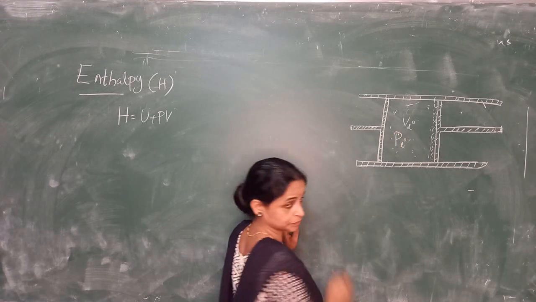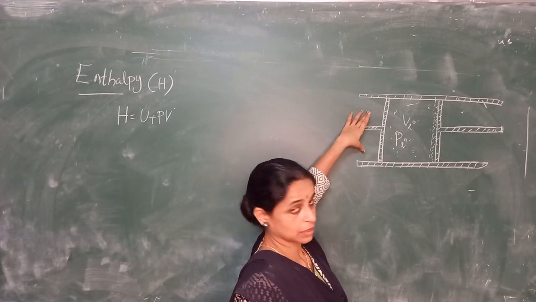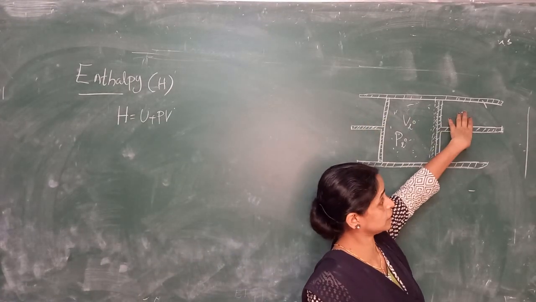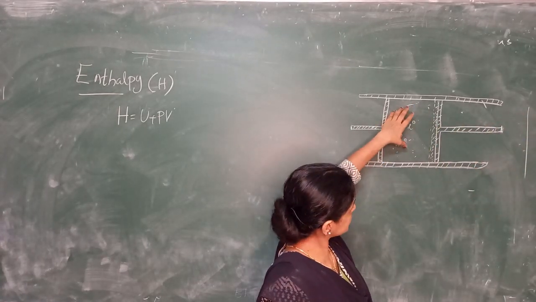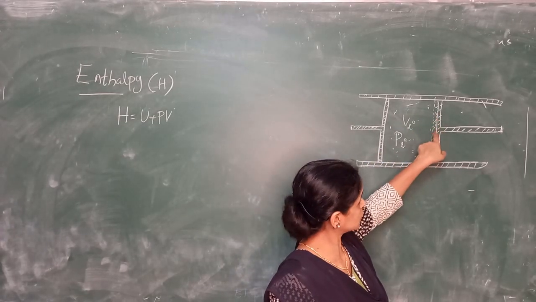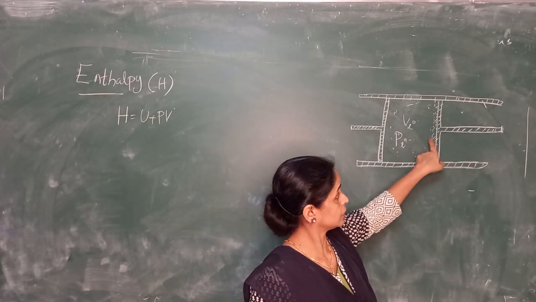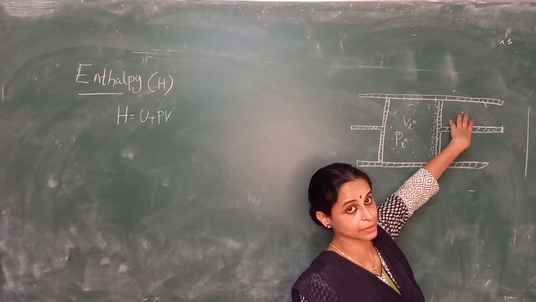The pressure we give here is Pi. While we are giving the pressure, the gas passes through these pores. Then the second piston expands and the gas is enclosed in this chamber.